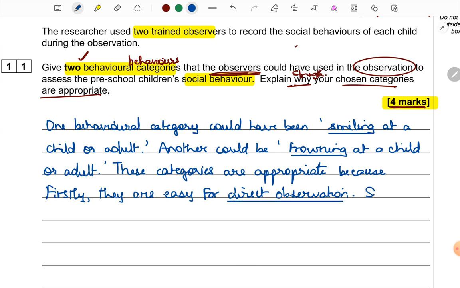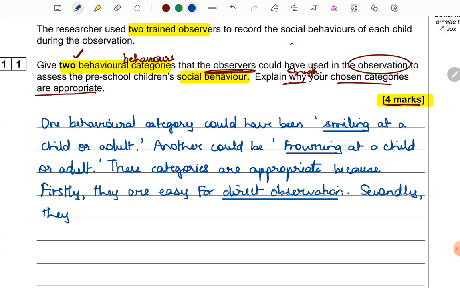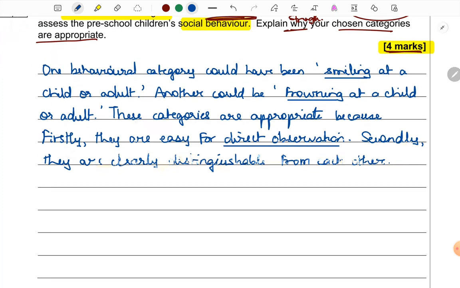Secondly, they are clearly distinguishable from each other. So, here what I have done is, I have just said generally. Now, this is something that is applicable to any study.